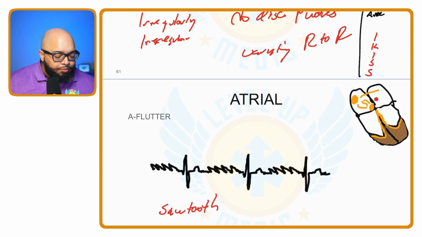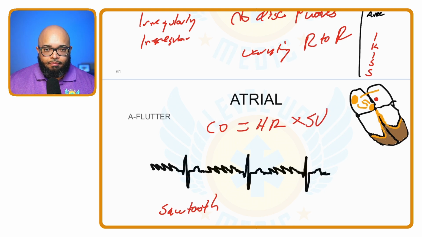What I want you to know is that in the setting of a tachycardic rate that's causing impaired cardiac output, remember that cardiac output is heart rate times stroke volume, right? As the heart rate continues to go up, stroke volume may come down.